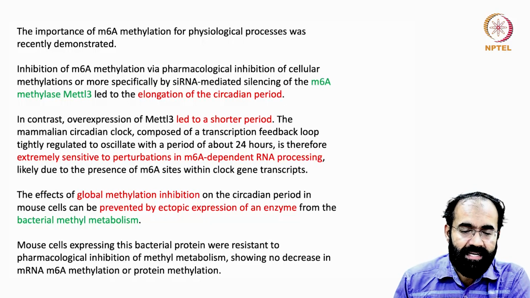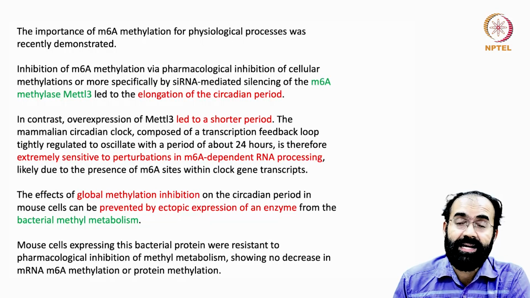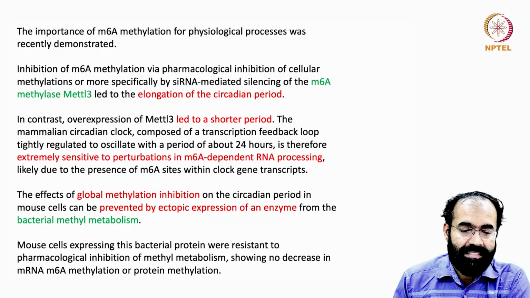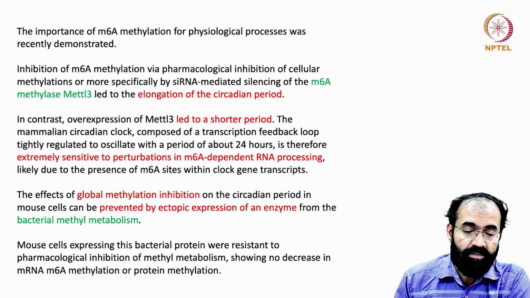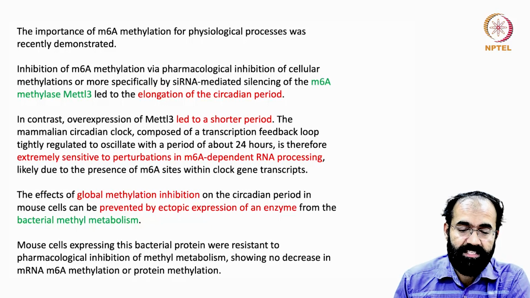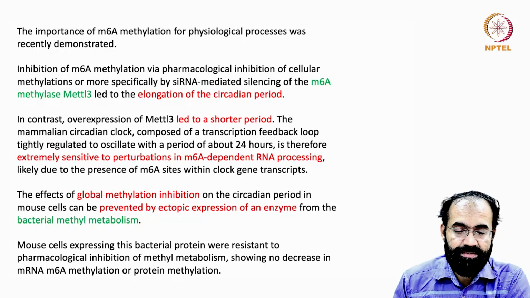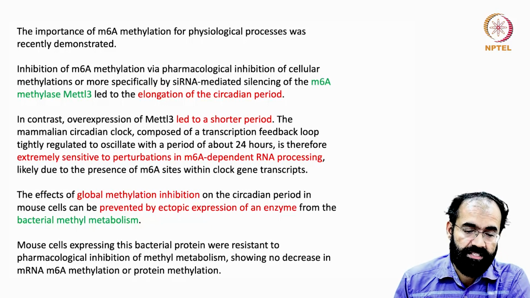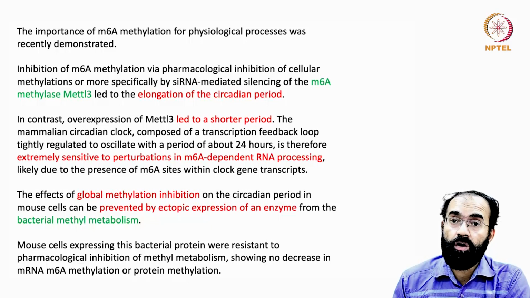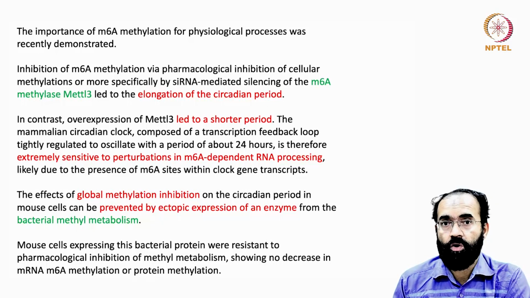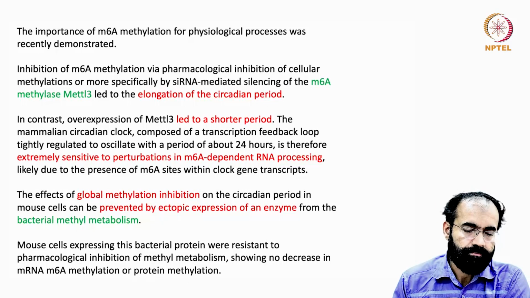So the mammalian circadian clock, composed of a transcription feedback loop, is tightly regulated to oscillate within a period of 24 hours, and therefore it is extremely sensitive to perturbations in M6A-dependent RNA processing. It is likely due to the presence of M6A sites within the clock gene transcripts, or clock gene mRNAs.